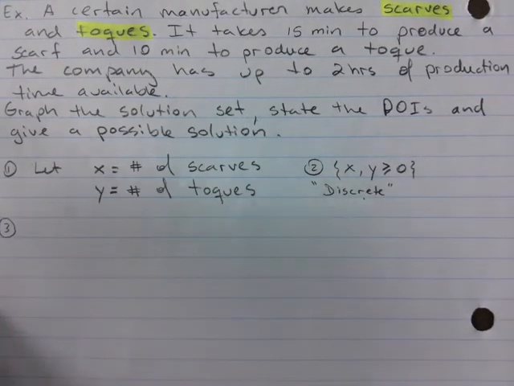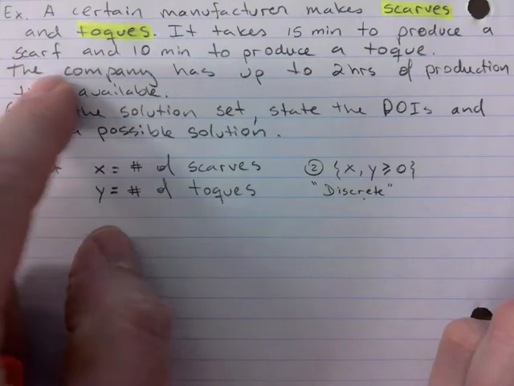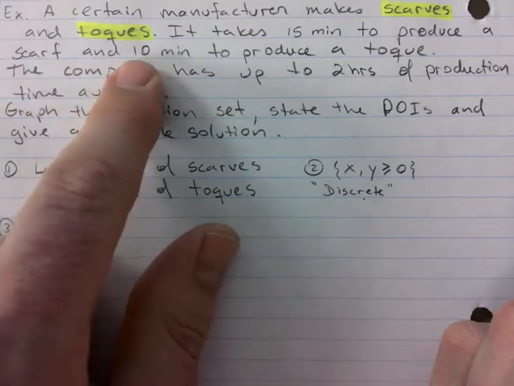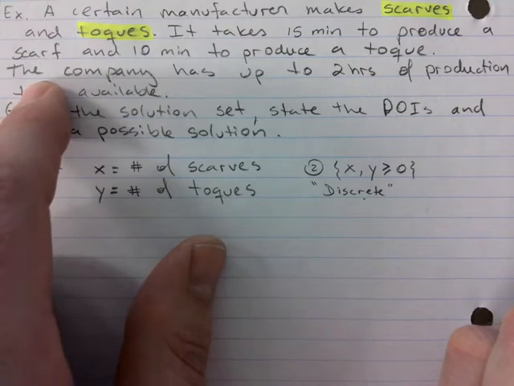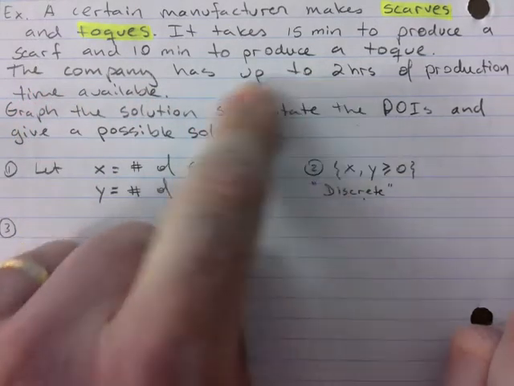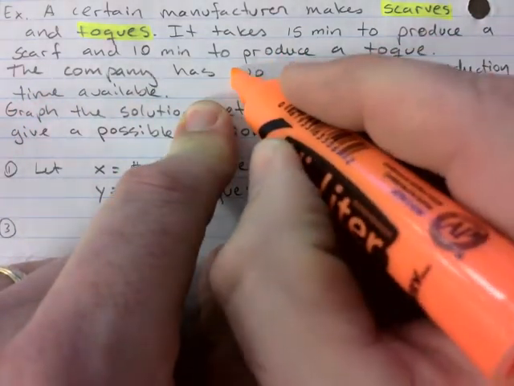So we've done that. Step number 3 is find the inequalities. Okay. I will use a different color highlighter to show you where the restriction is. And it has to do with those keywords. And it's actually found right here, right? It tells you how long it will take to produce each item, but then here it says the company has up to 2 hours of production. Up to.